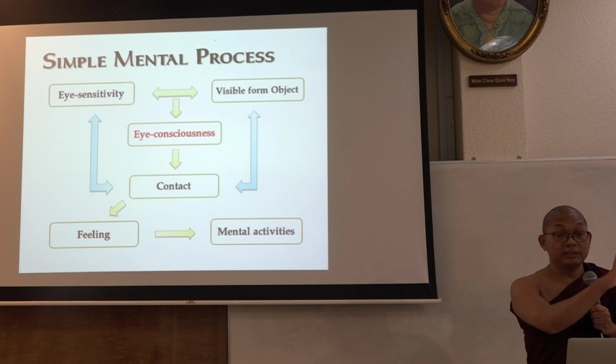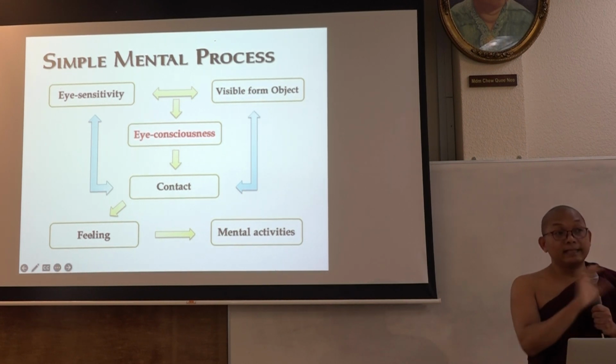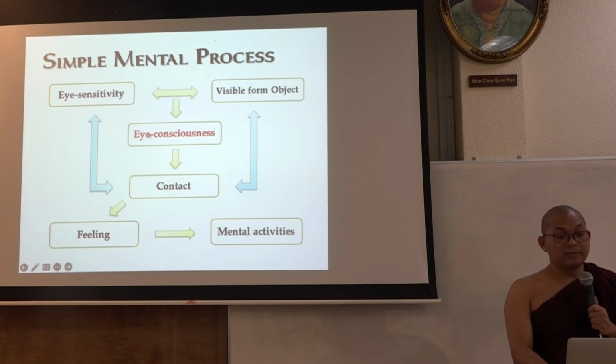So up to feeling, we can call it ahetuka, right? Maybe starting from eye consciousness, contact, feeling, ahetuka citta. But according to Abhidhamma, contact and feeling are cetasikas, not really cittas.